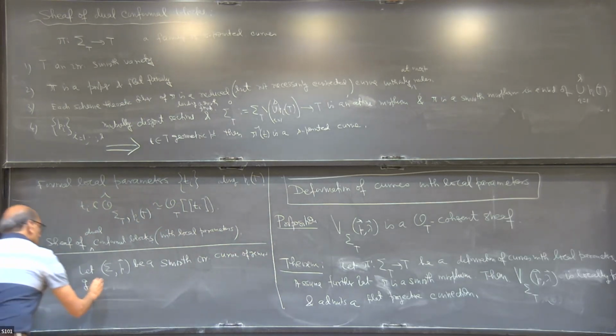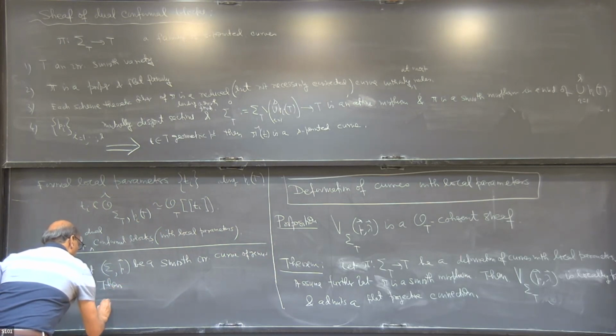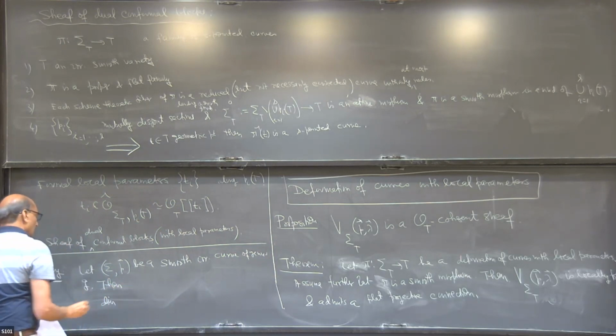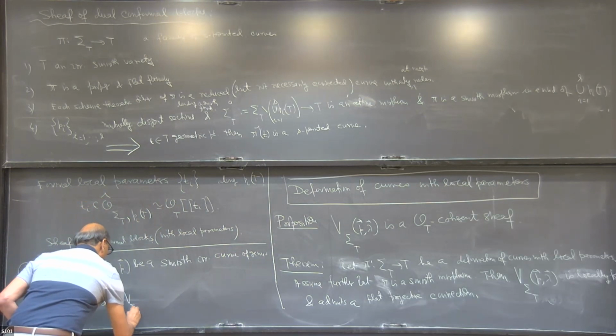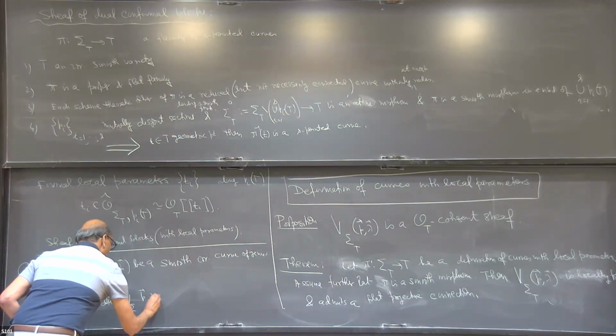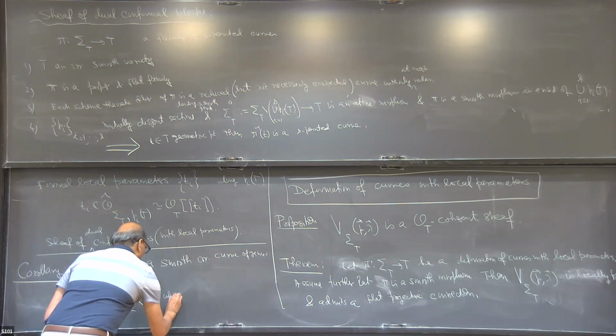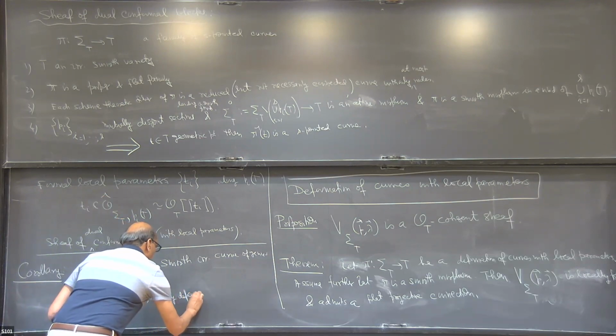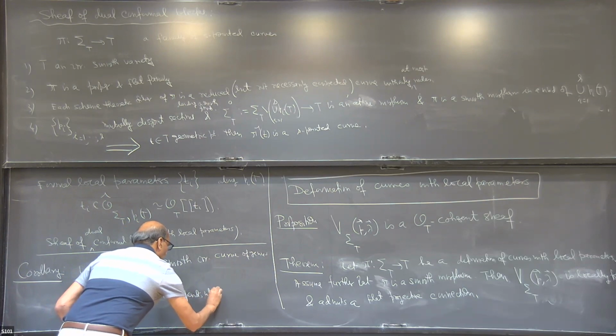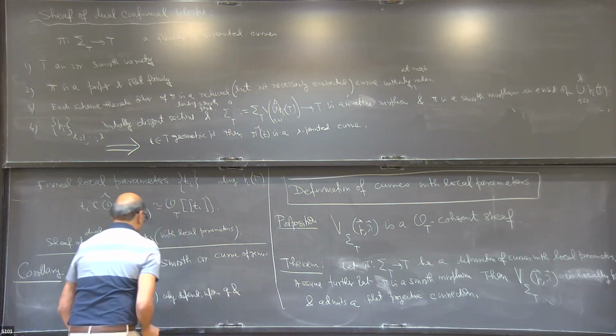Then the dimension of this conformal block sigma p lambda only depends upon G and lambda.